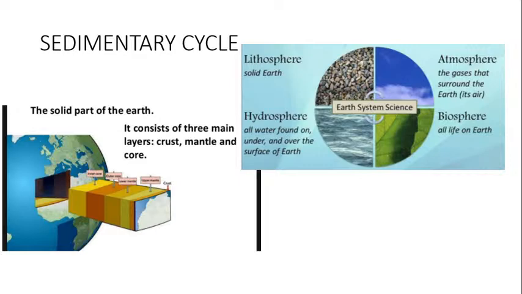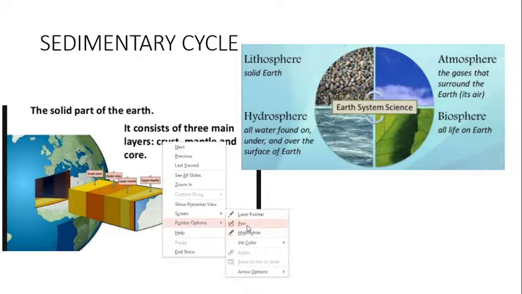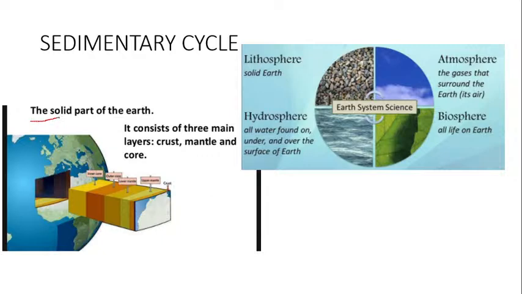That's known as the sedimentary cycle. So in the sedimentary cycle, the main reservoir is the lithosphere, and the lithosphere is the solid part of the earth.